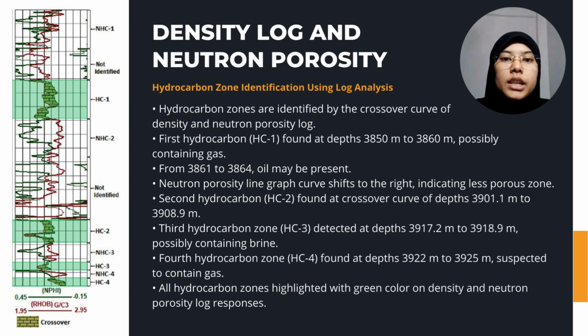For the second and the third hydrocarbon zones, we suspected that there might be brine water. As for the last zone, the fourth one, HC4, at the depth of 3,932 meters until 3,935 meters, we might find gas existing at the depth. Thank you.